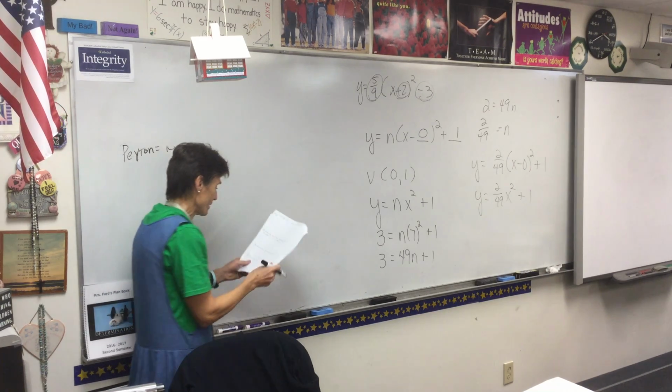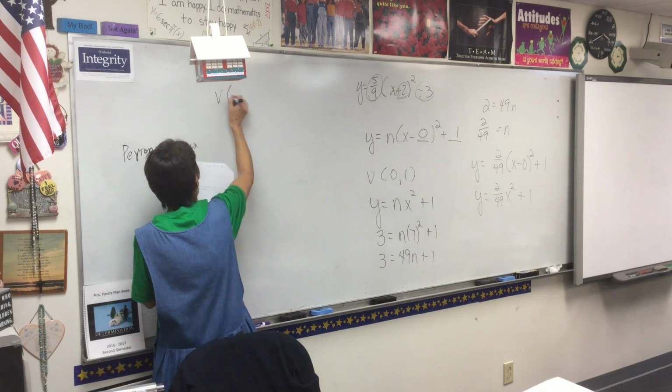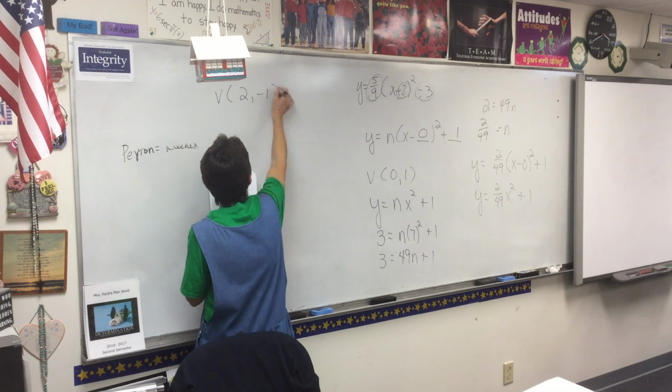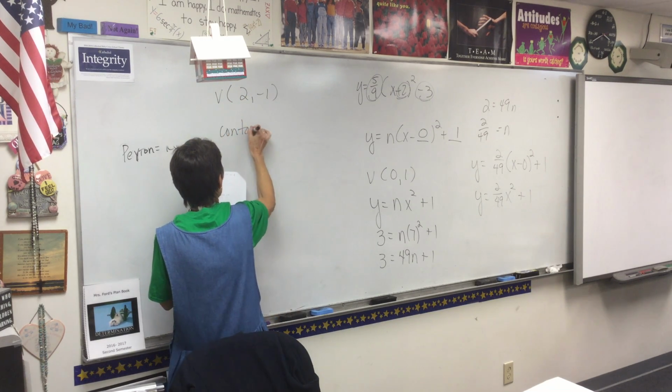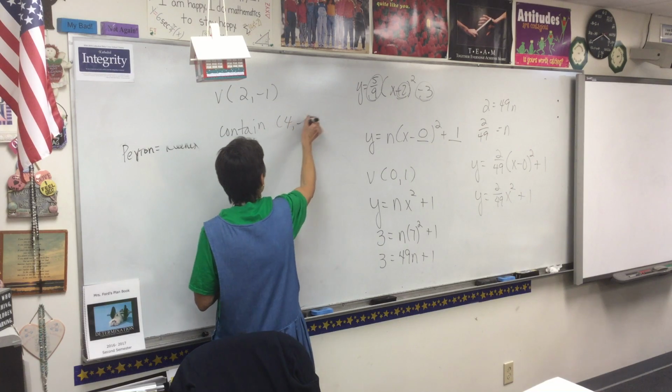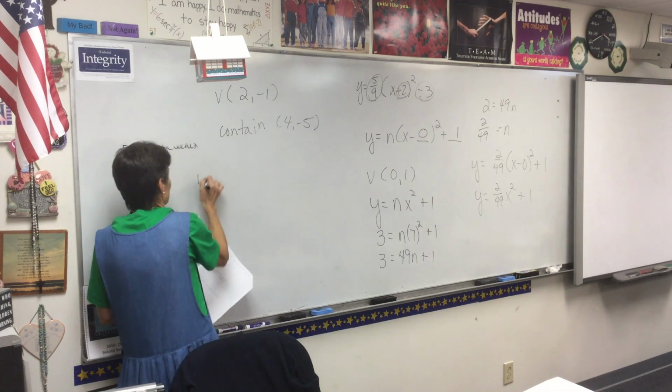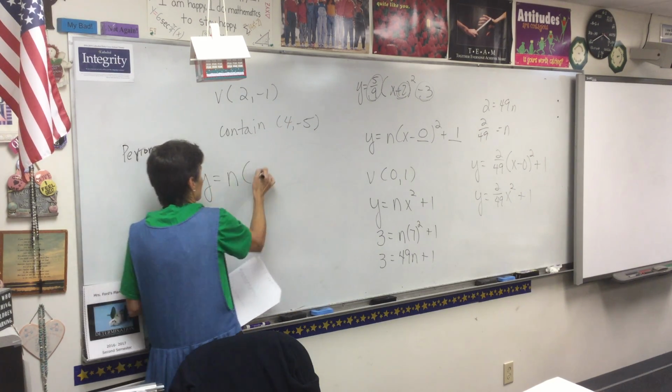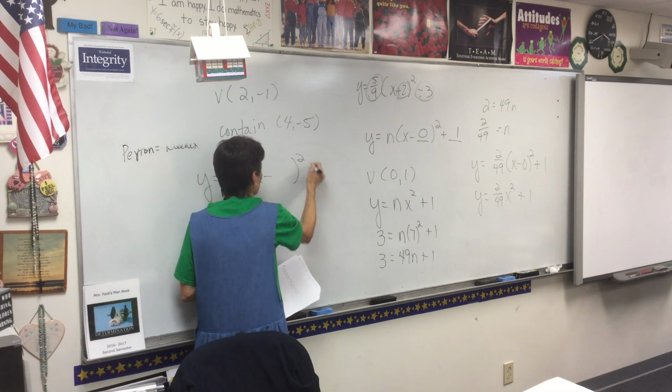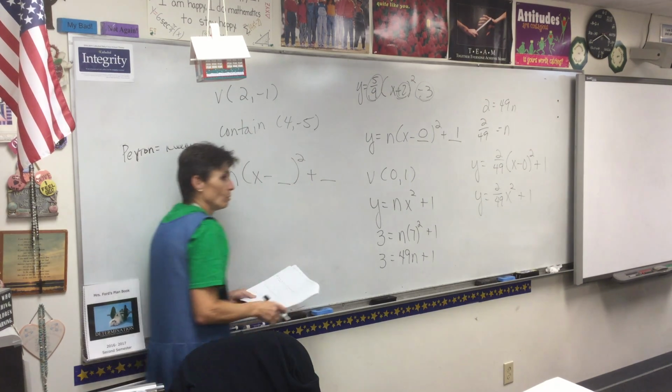All right, one more. Here we go. Our vertex is at 2, -1, and we contain 4, -5. Start with the basic format that you know.